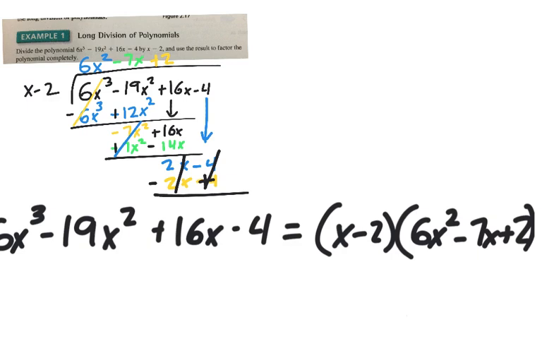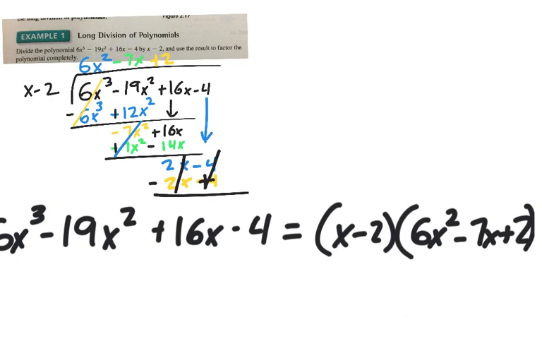So I need to see, can I factor this even more? Well, now this is a quadratic that I can factor. You could find the zeros using the quadratic formula, but I'm going to factor it because it told me to factor. So I would do a times c because my leading coefficient is not 1, so I can't look at it and identify it. a times c is 12.